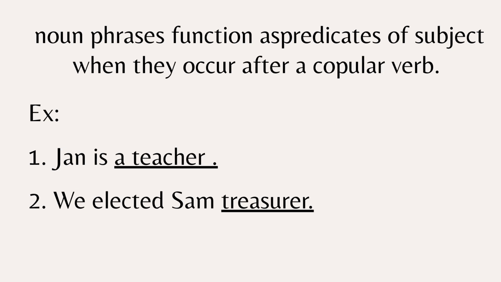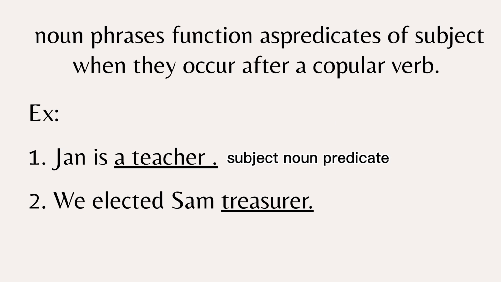So, these are the two I mentioned, which are subject and object. Noun phrases function as predicates of the subject when they occur after a copular verb. An example is, John is a teacher. The subject noun predicate is teacher, describing John.